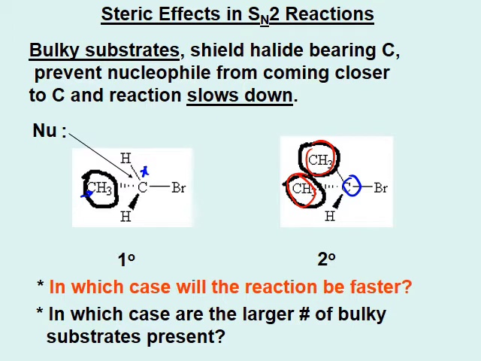Now the question is, I have OH minus in both reactions, in which case would the reaction happen faster? So OH minus would have all these electron pairs, and obviously it would be attracted to this atom, and this carbon has positive charge and Br has the negative charge.